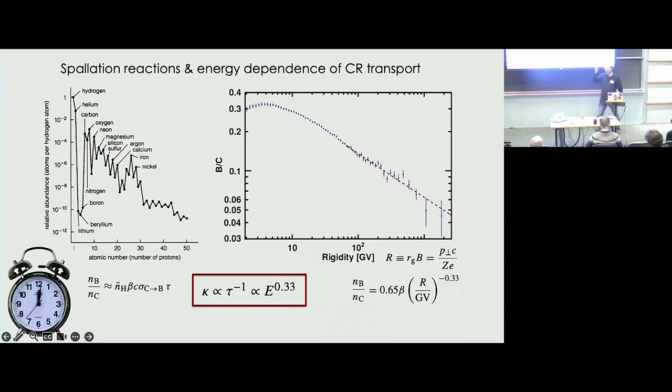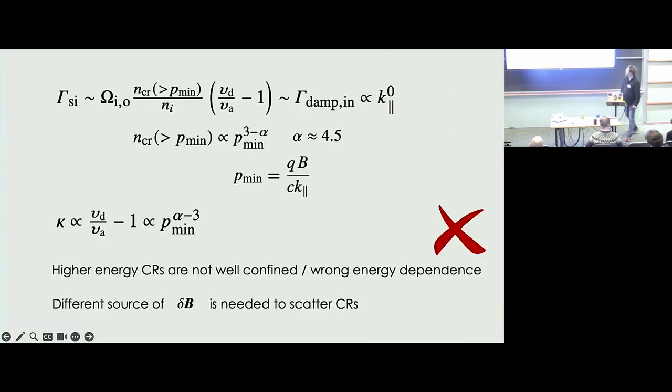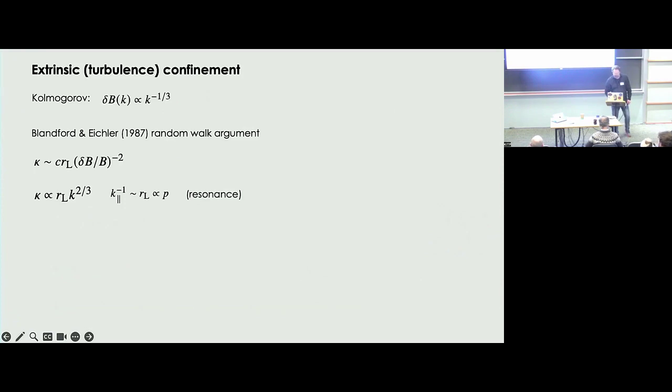And so now back to this question proper, right? Do these streaming instabilities explain the scattering rate and its dependence on energy? And the answer is no. It's either that cosmic rays are unconfined by this instability at low energy, or that slope is wrong. And in terms of what Alex was talking about, you could also have turbulent confinement. And does this work? So just one last equation here.